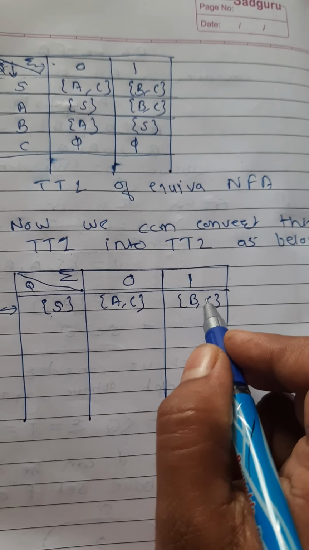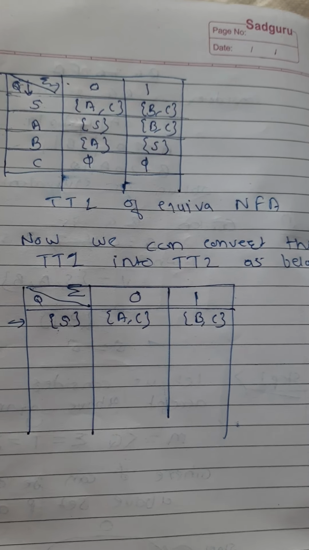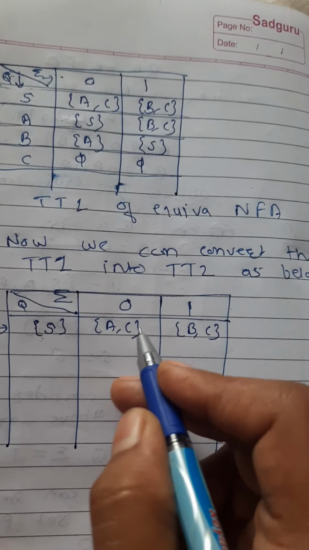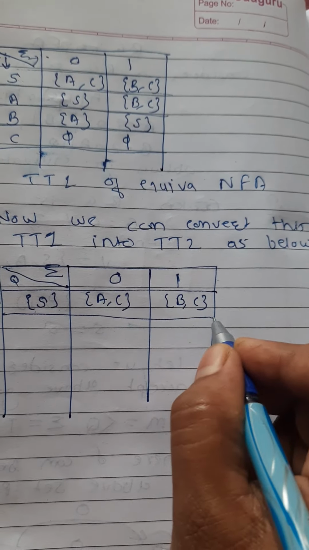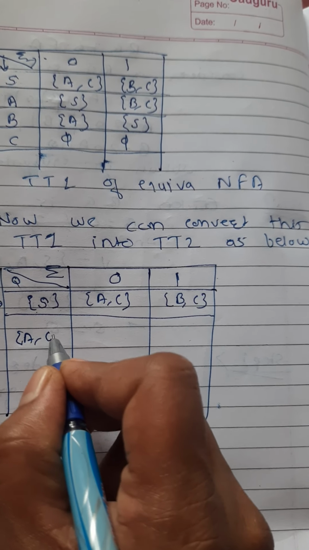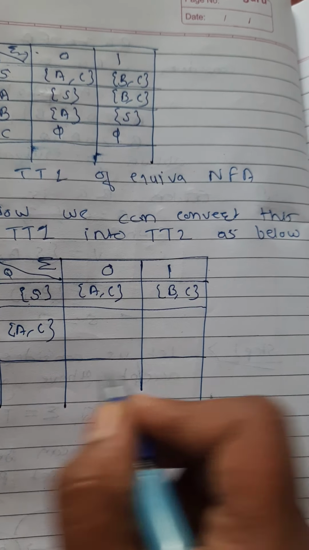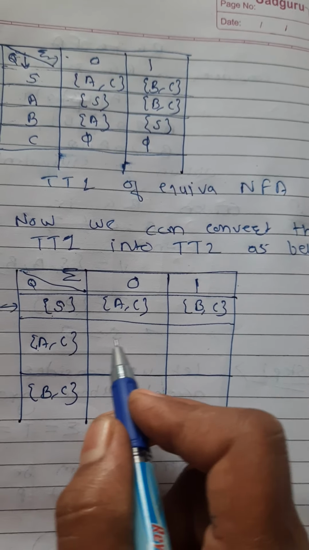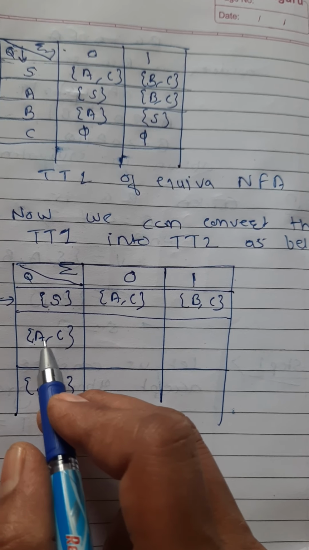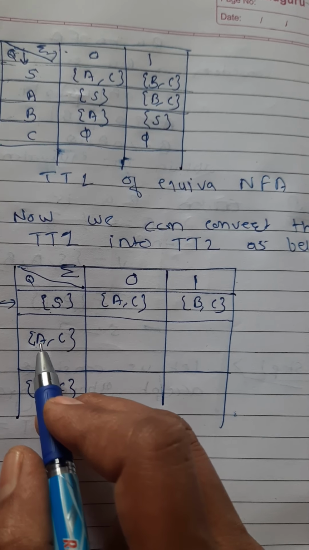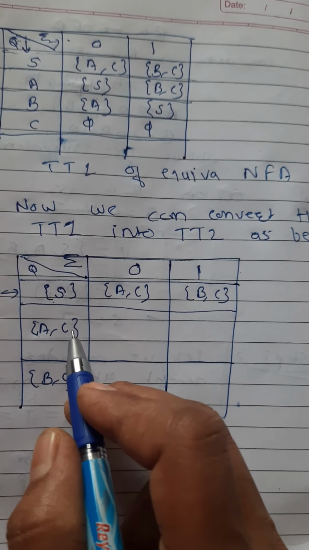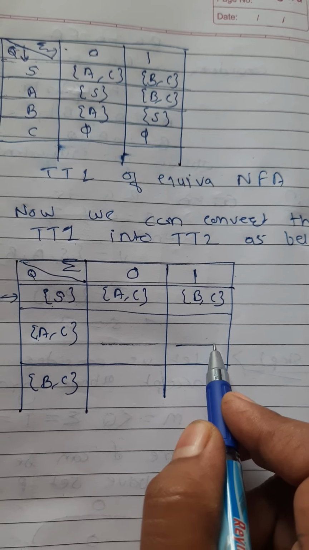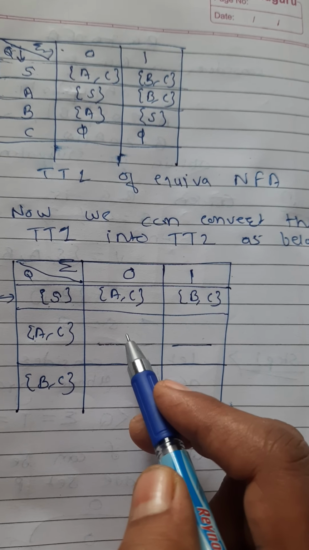So again these new subsets become states of the equivalent DFA. Consider first the AC subset, later on we will consider the BC subset. For AC, we have to consider the previous table's two rows, A's row and C's row, take the union, and add the result here for each individual input symbol.